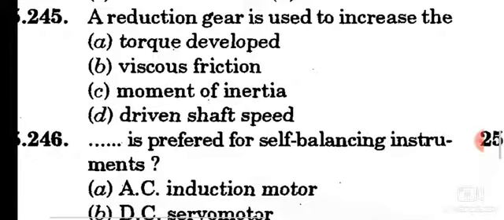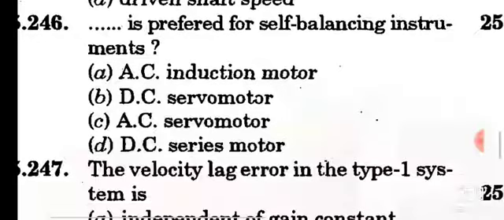Question number 245. A reduction gear is used to increase option A, the torque developed. Question number 246. Option C, AC servo motor is preferred for self-balancing instruments.